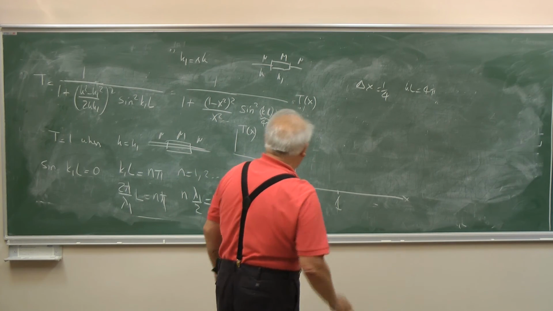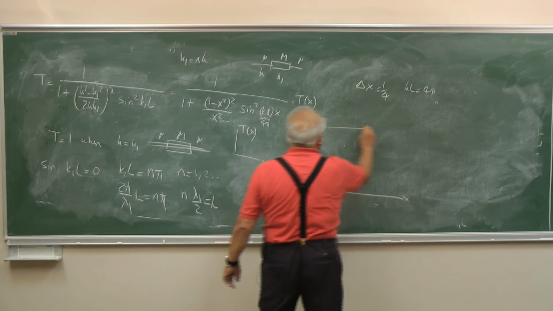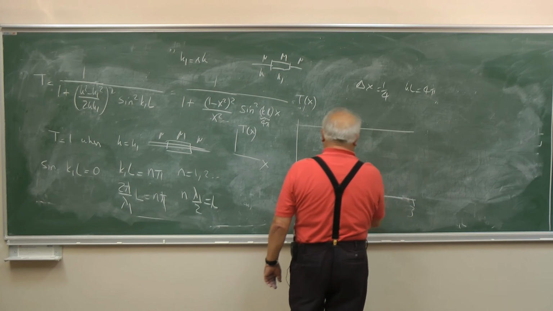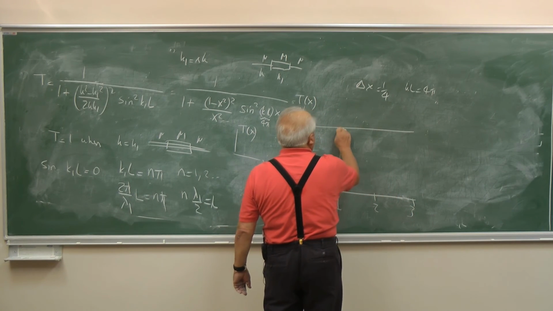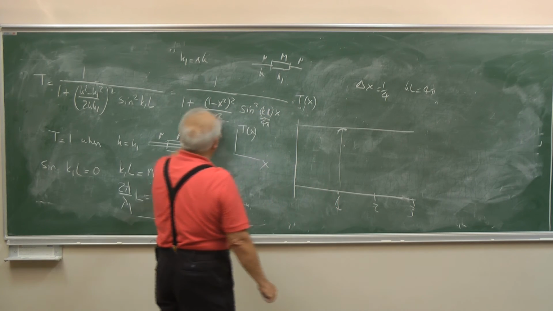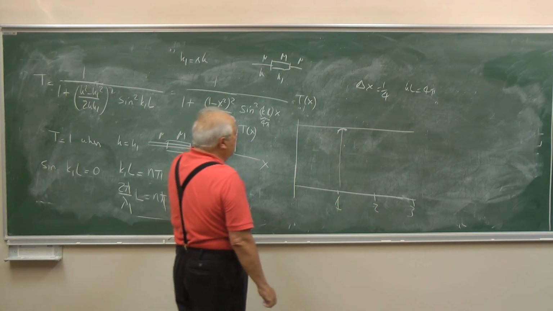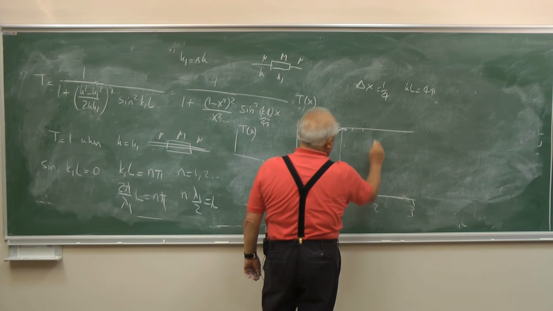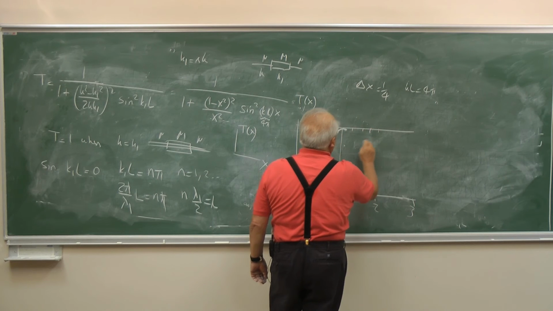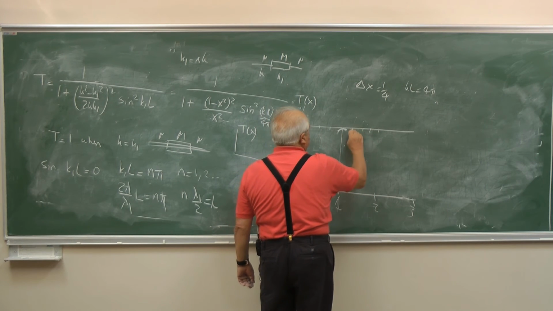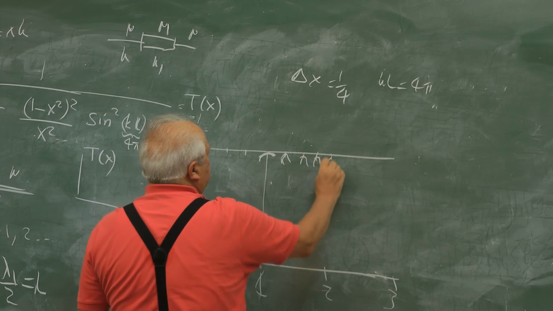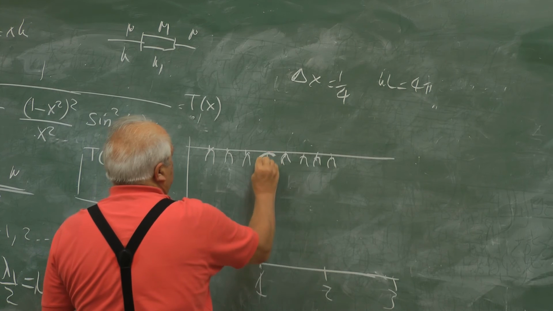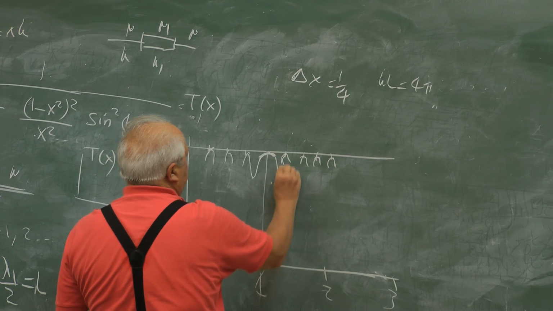So let's take here, let's take 2 and 3. So we have a transmission resonance at x equals 1. And then at every, so let's divide 3, 2. So here I have these transmission resonances. So you would expect it to go like that.